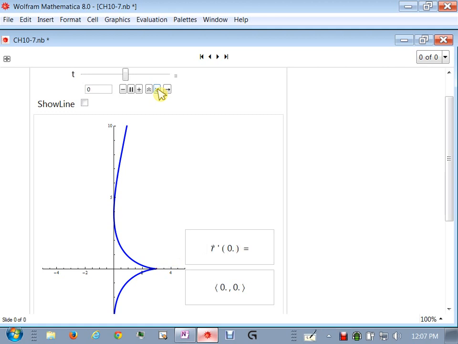So look at the length of this vector. It goes to 0 and then gets big again. Anytime the derivative is 0, that means the tangent vector goes to 0. A function in 2 or 3-dimensional space is called smooth if that never happens. If it happens, it's not smooth.